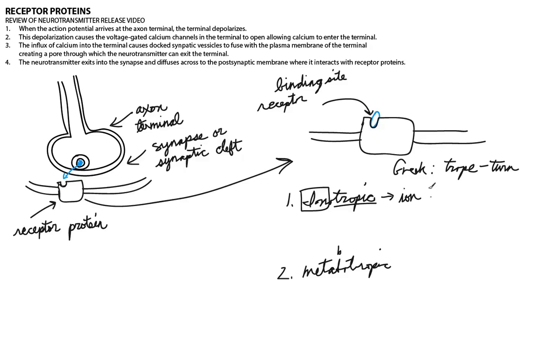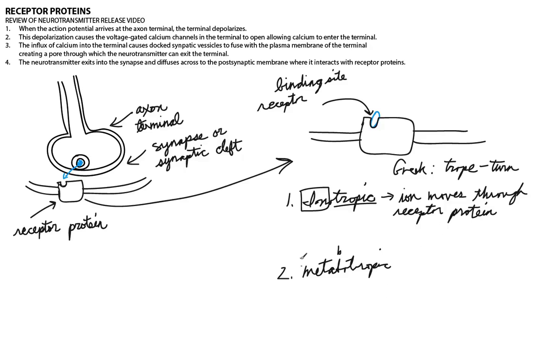Ion moves through receptor protein. All right, that's an ionotropic receptor.